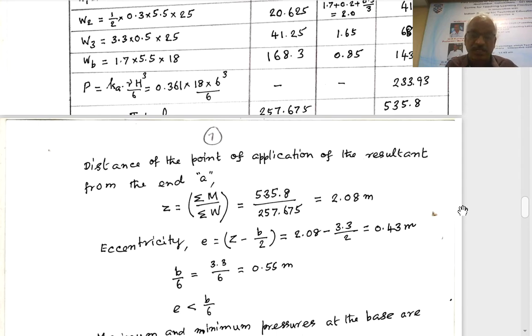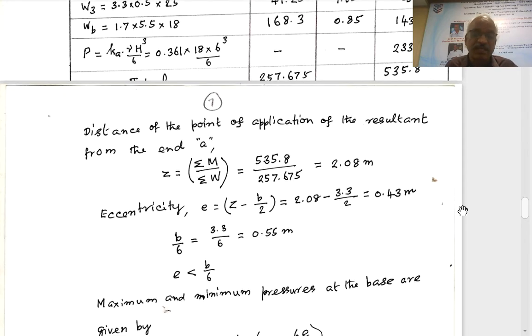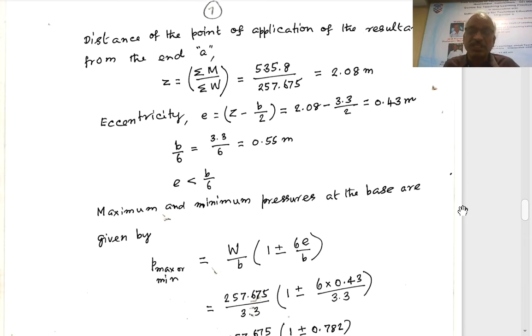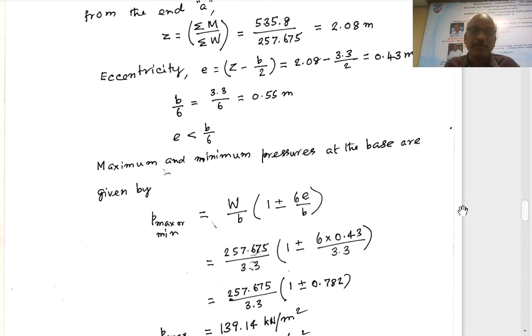So these are fundamentals, right? So we have to check whether E is less than B by 6. Now E is 0.43, B by 6 is 0.55. Therefore, the value of E is less than B by 6.